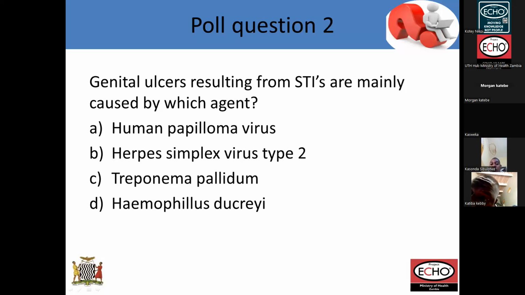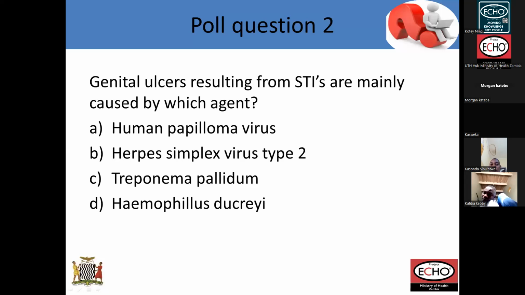Once again, we've got 78% who've chosen herpes simplex virus type 2, followed by 15% who've chosen Treponema pallidum. Dr. Ngalamika, your comment? Again, the majority wins. So it's HSV2.